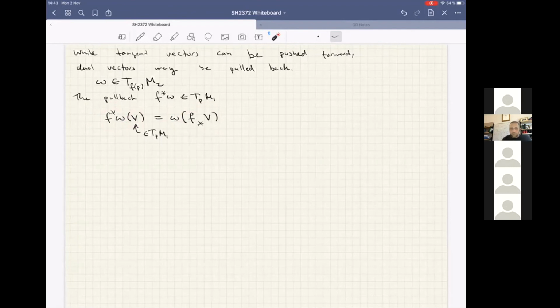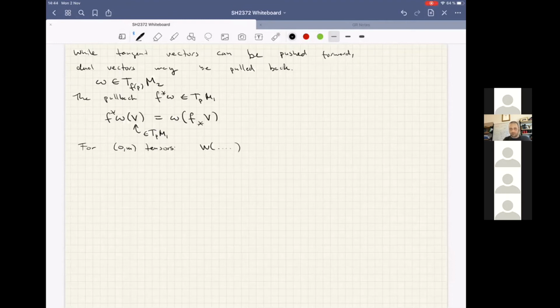And you can, of course, extend this to 0 M tensors just by push forwarding all of the arguments. So in that case, let's say that we have W, and it takes a number of arguments.